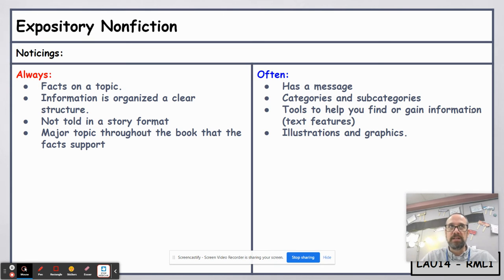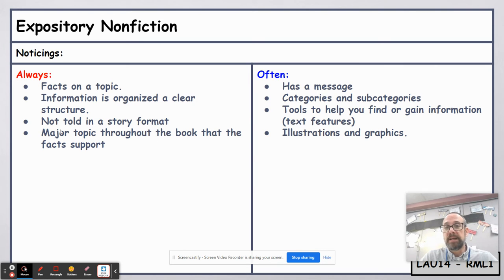It's really focusing on different aspects of water on planet Earth. In expository nonfiction, you're always going to see it's focused on a topic, and those facts are on that topic. The information is organized in a clear structure, so the text structure is problem, solution, cause and effect, description. It's not told in the story format.